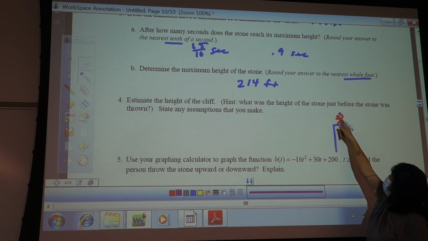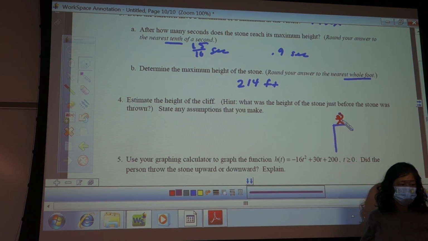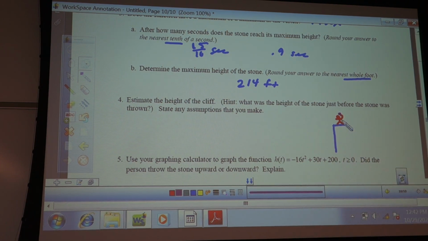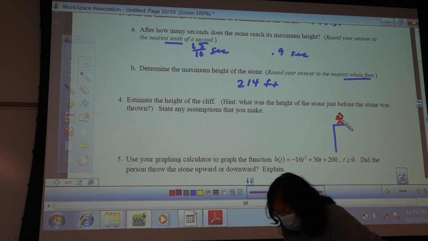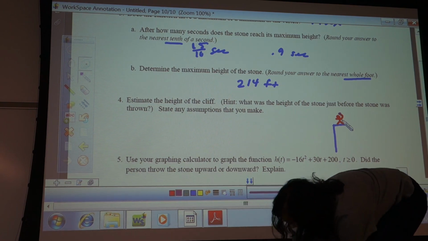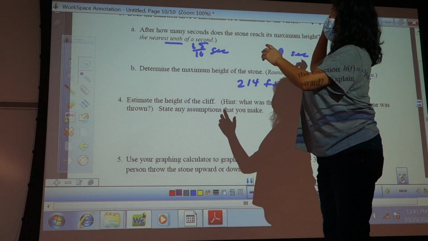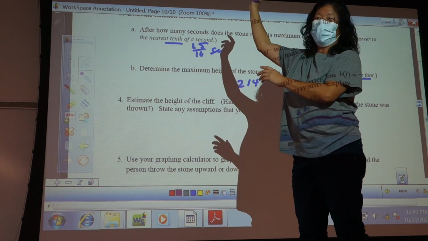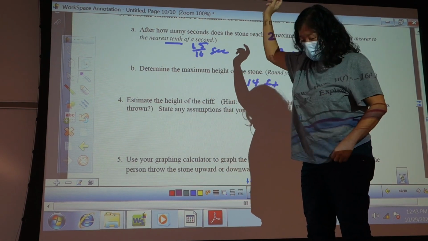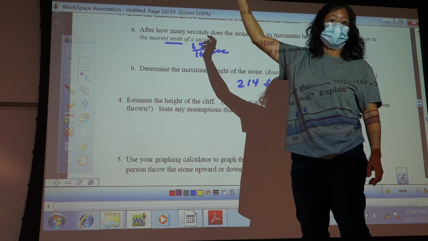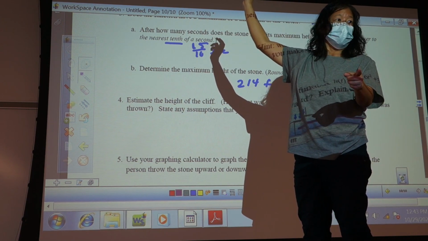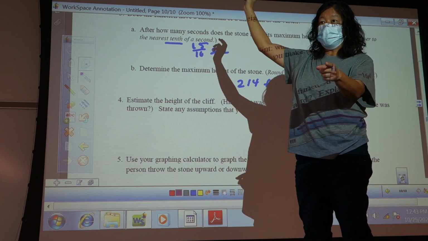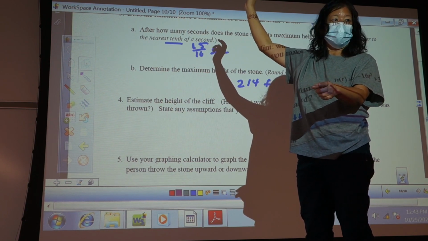Here's a little person on top throwing the rock. I am on top of the cliff. I'm throwing a rock, and I release it up here. What's the height of the rock when I release it? We found it earlier. What was the height of the rock when it gets released? 200 feet. Everybody on board?